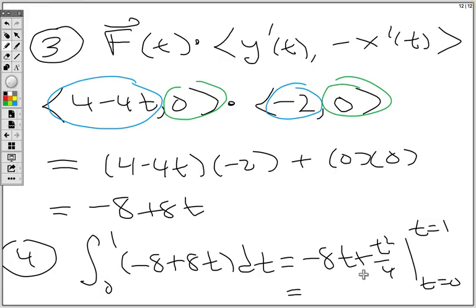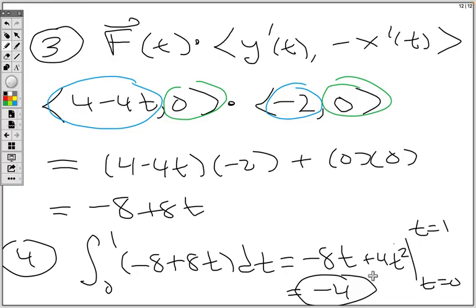Excuse me, not t squared over 4, 4t squared. There we go. So what do I get? What's my grand total for flux that way? Negative 4.